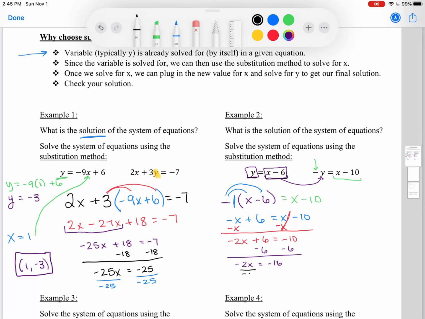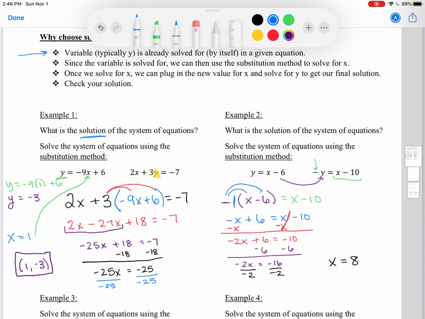I want x by itself, so I'm going to subtract a 6 from both sides to move that positive 6 over to the other side. That's going to give me -2x equals -16. And last but not least, dividing both sides by -2, and that will tell me that my x value has to equal +8.